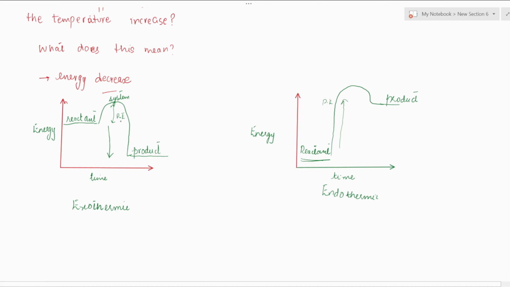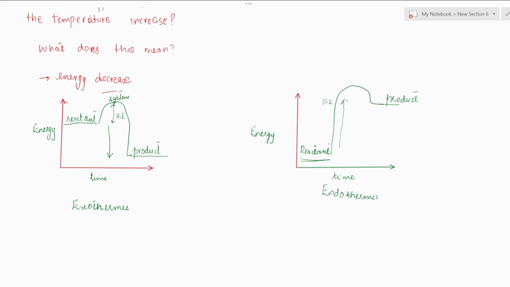The energy that rises above a certain level. The difference between product and reactant is the thermal energy that we will discuss later because it's a complete topic. But the energy that increases a bit higher, that one is the potential energy, in simple words for simple understanding.